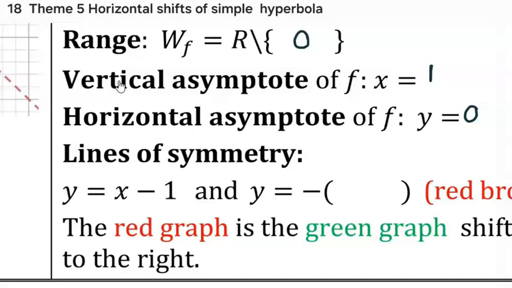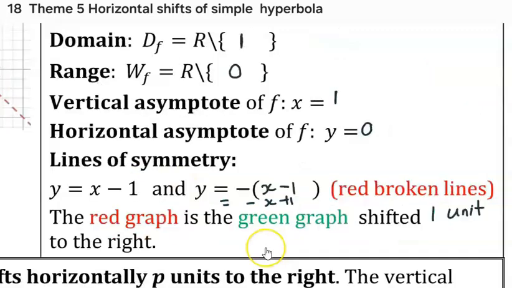So this is y equal to x minus 1, and the other one is y equal to minus (x minus 1), which gives me minus x plus 1. So the red graph is the green graph shifted exactly 1 unit to the right. That is what happens because of this x minus 1.